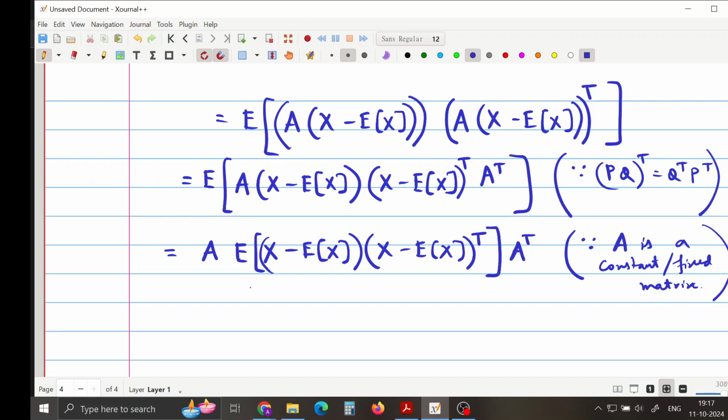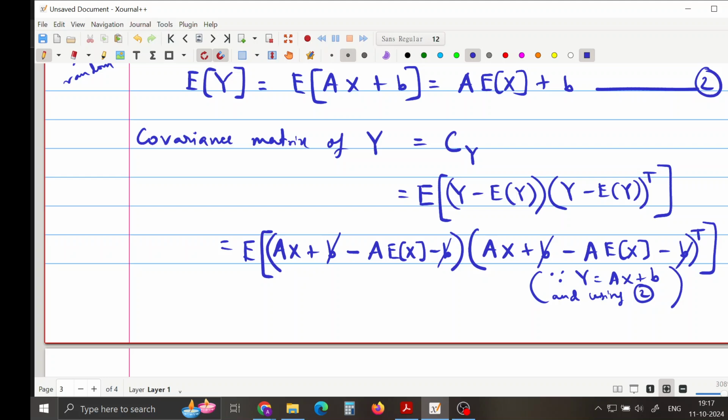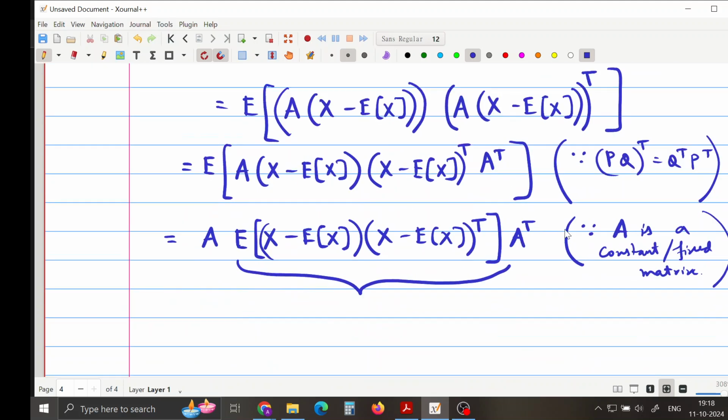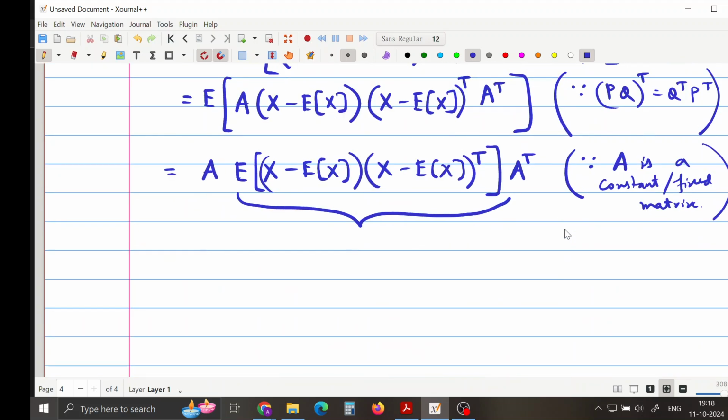Okay, so now what is this quantity here sitting in the middle? This is simply your covariance matrix of X. If you go back, covariance matrix of X is exactly defined like this in equation 1. That is why I wrote these equations in the beginning.